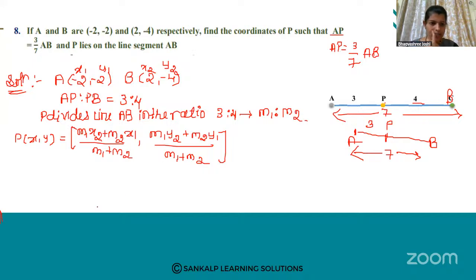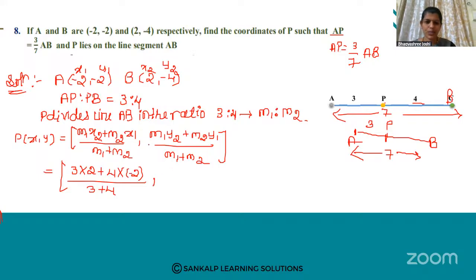Right? So, dear children, m1 value is 3 into x2 value is 2, plus m2 value is 4, x1 value is minus 2, divided by 3 plus 4, m1 plus m2.